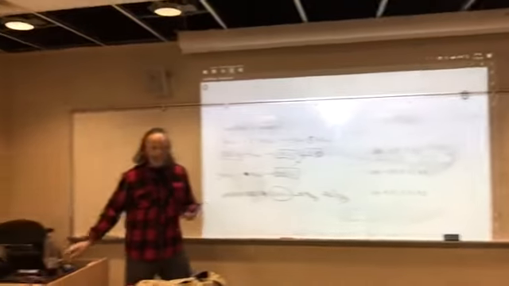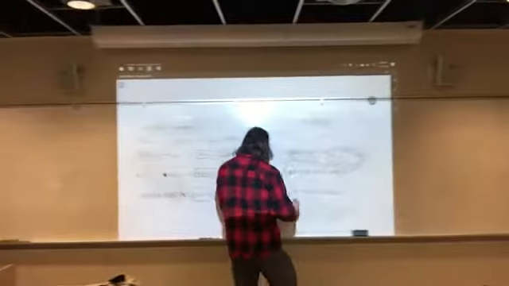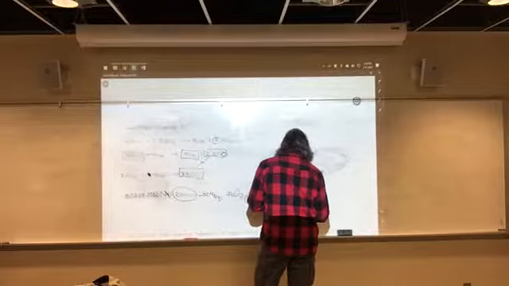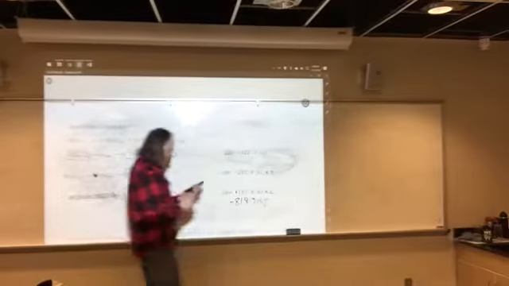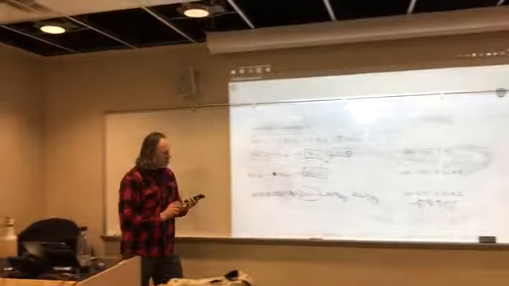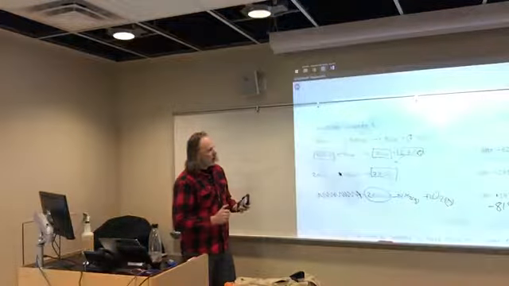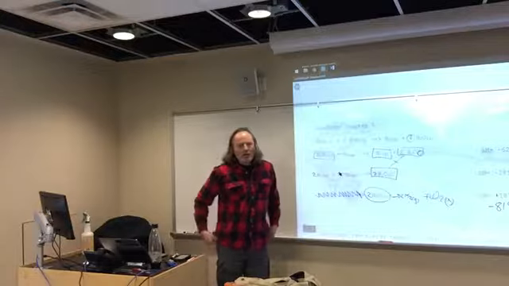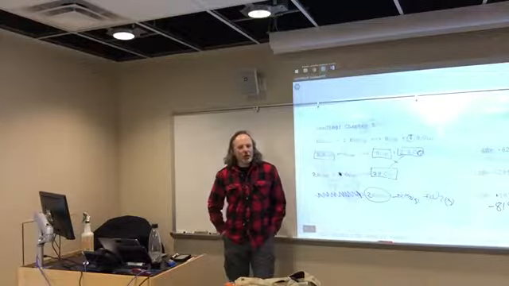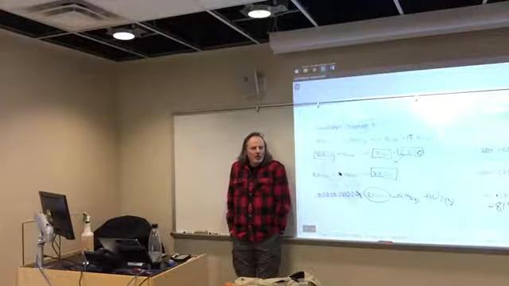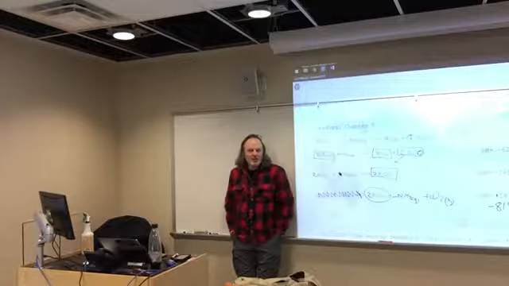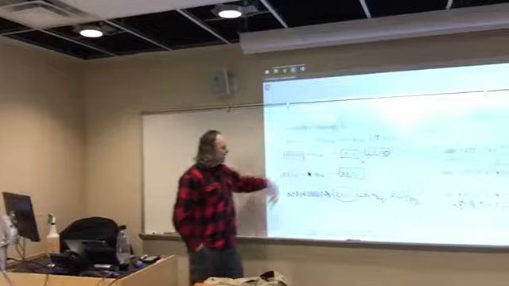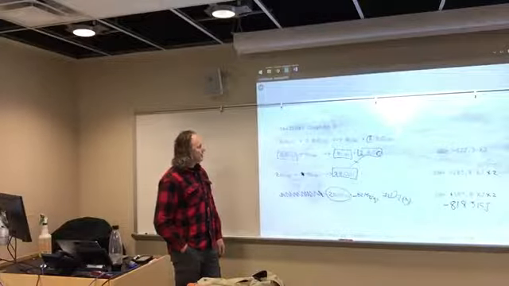I get negative 818.3 kilojoules per mole. So what kind of reaction is this? Endothermic or exothermic? Yeah, the negative sign means that the reactants gave energy away. And so in this case, putting these guys together would produce a whole bunch of heat.